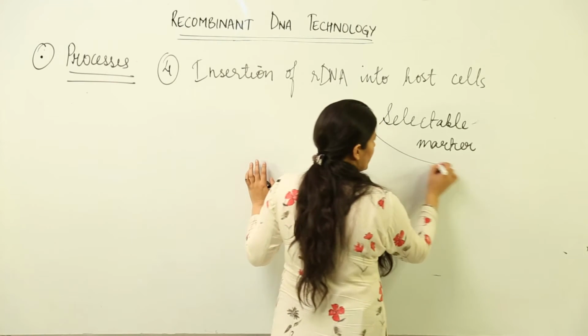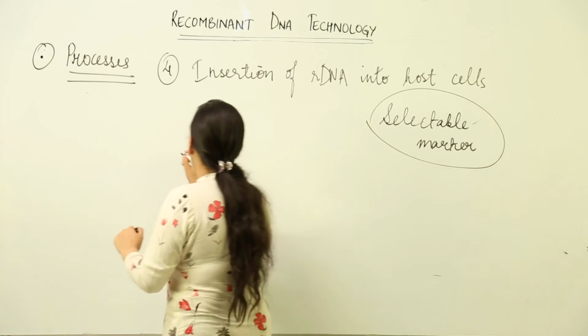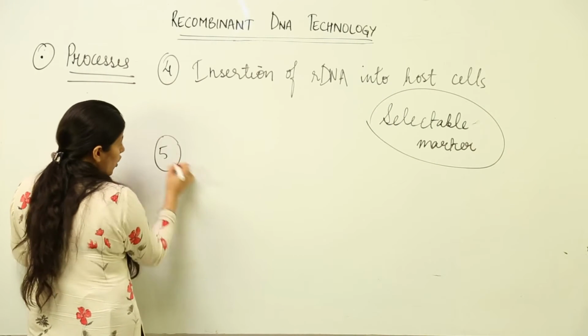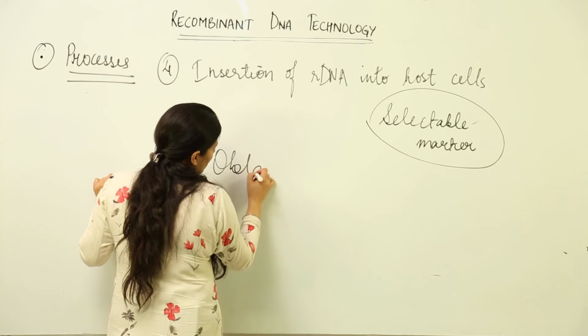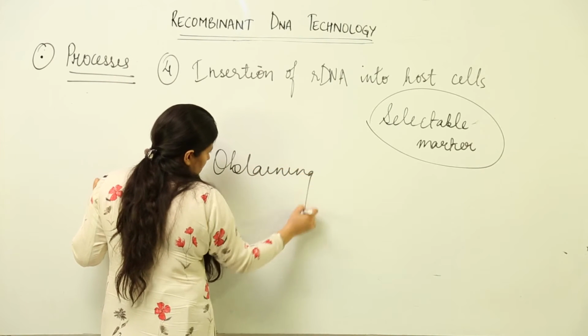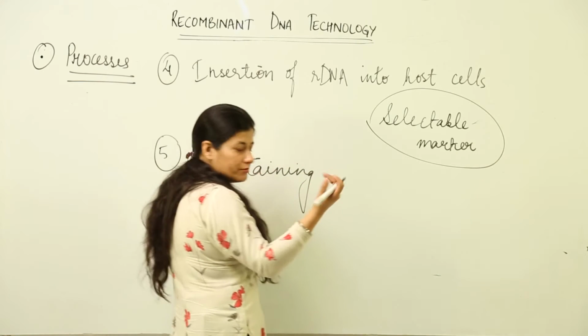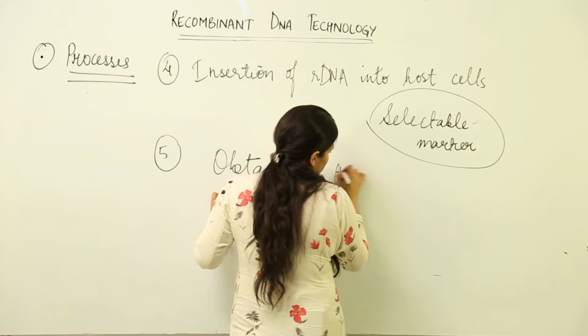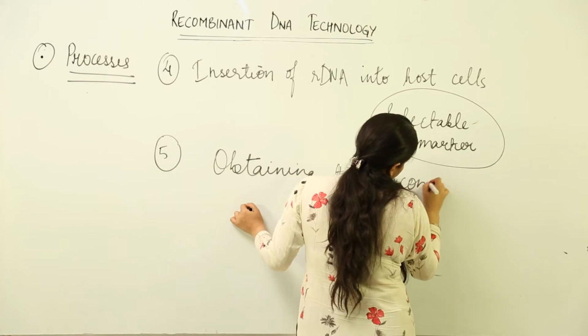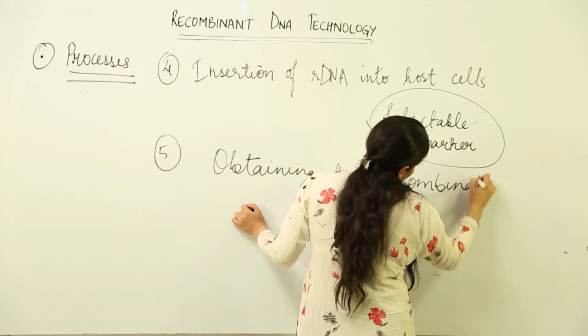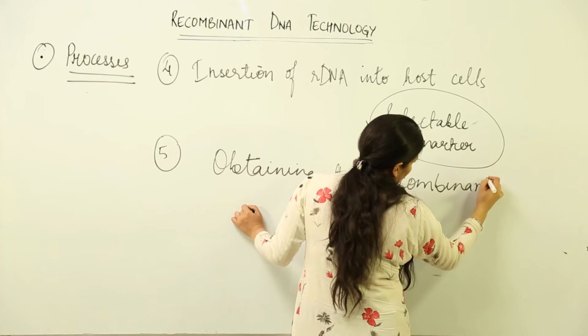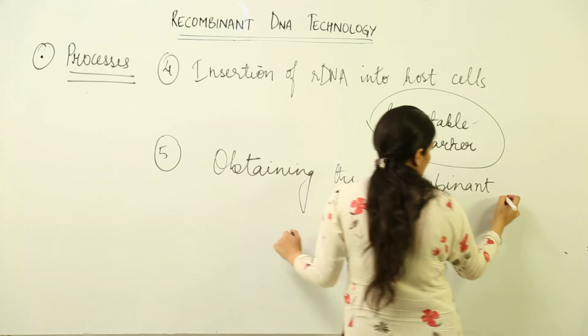Once the transformant is obtained, the next step is obtaining the recombinant product, which is often a recombinant protein. So now we come to the end of this entire process because we have our ultimate output.